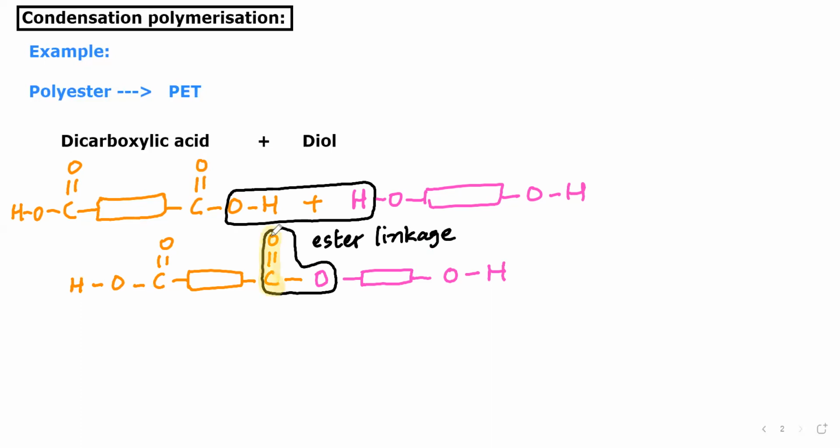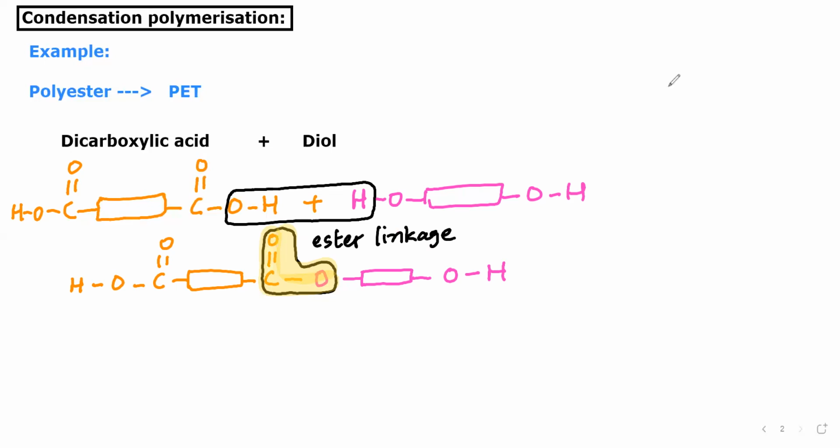Let me give you a further example so you understand how we are going to draw the continuation of bonds in the polyester, right? So let's continue. How am I going to form this? Let me draw it.